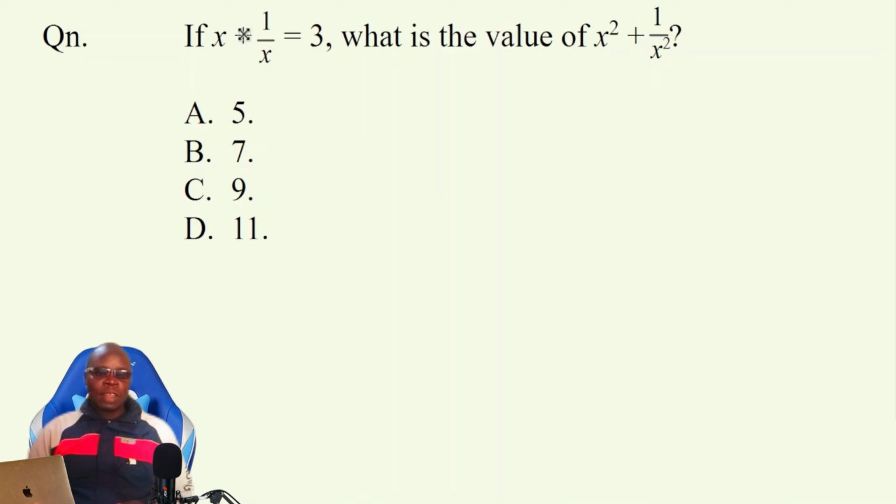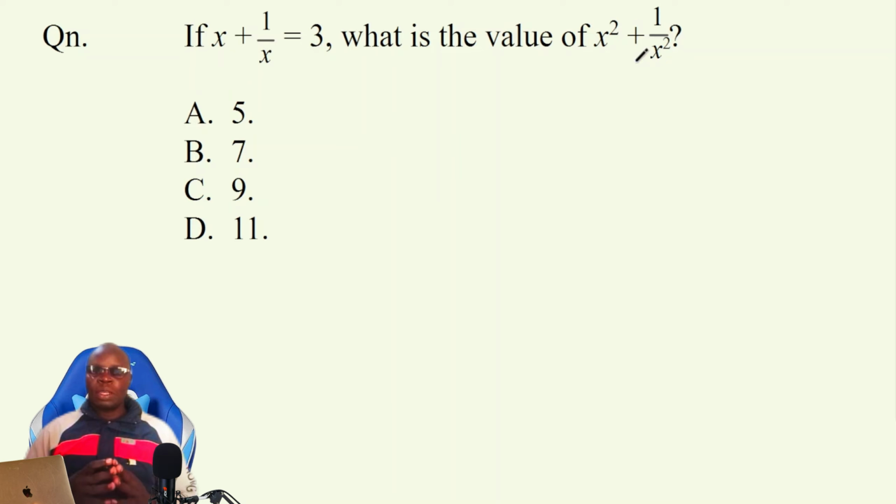At this side we have x plus 1 over x, a fractional expression, and also here we have x squared plus 1 over x squared. Now at this stage you can see that this square is not there in our equation, so we can go ahead and do something similar to get this. And how to do that?